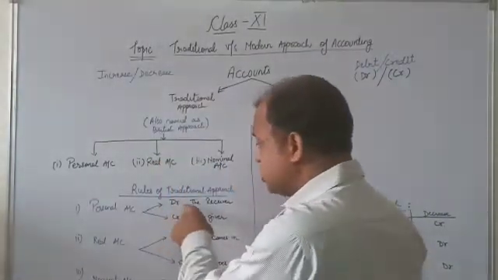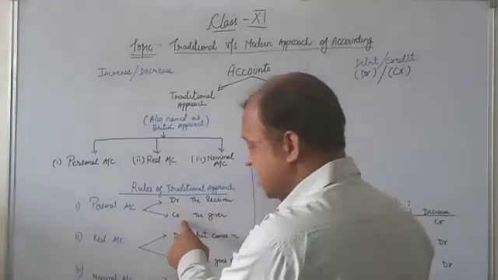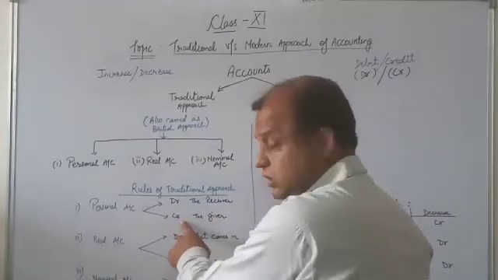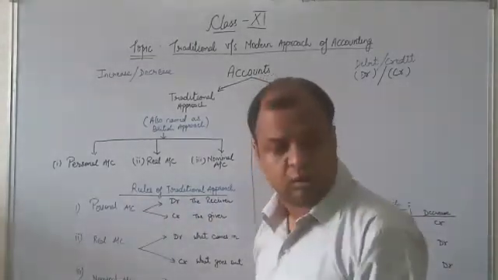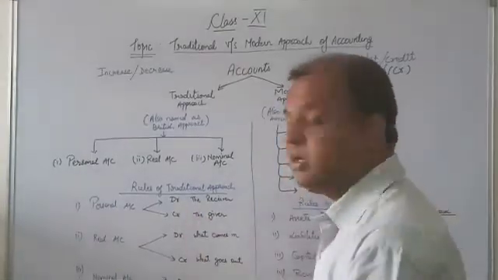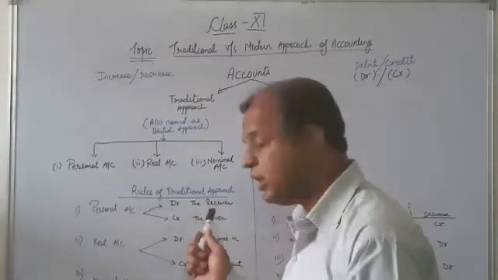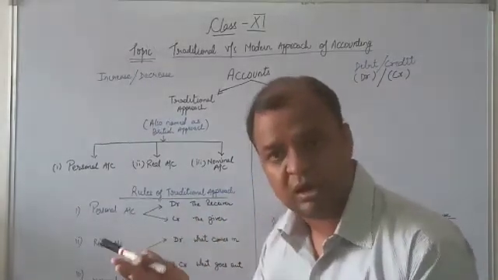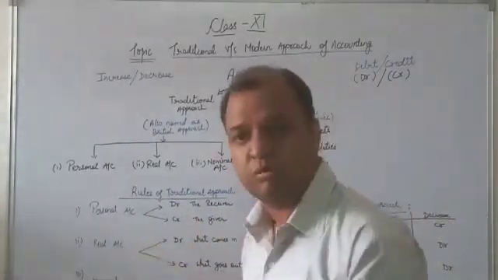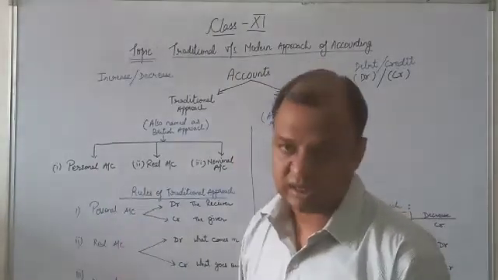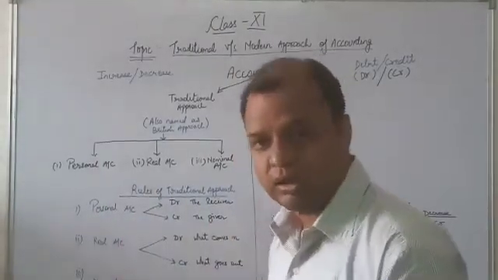So debit and credit short form is debit DR, credit CR. Under personal account, the rule says debit the receiver, credit the giver. The one who is receiving, his balance will increase; the one who is giving, his balance will decrease. That is increase and decrease, receiver and giver.